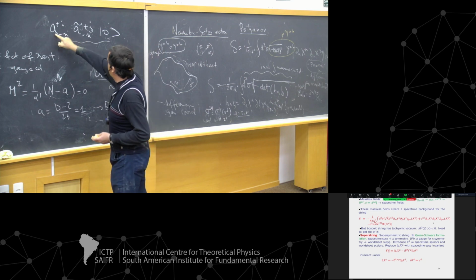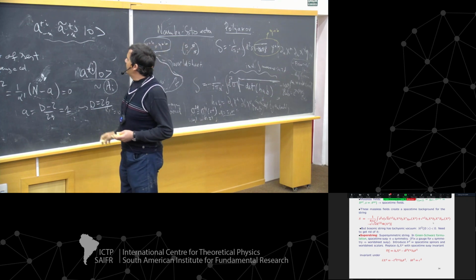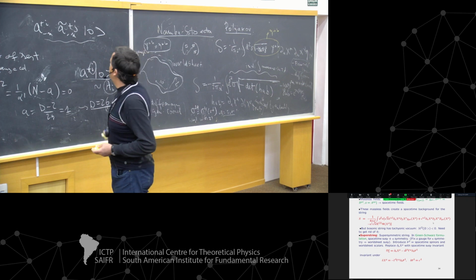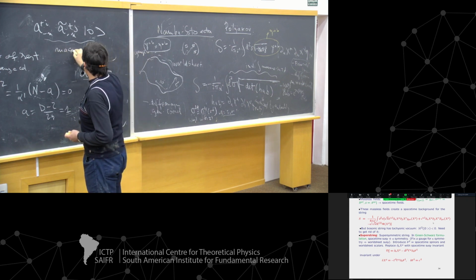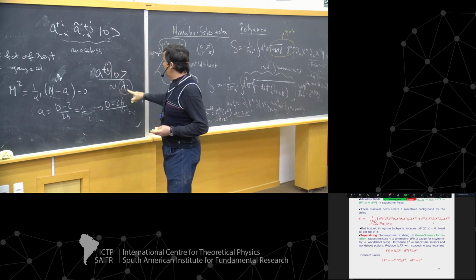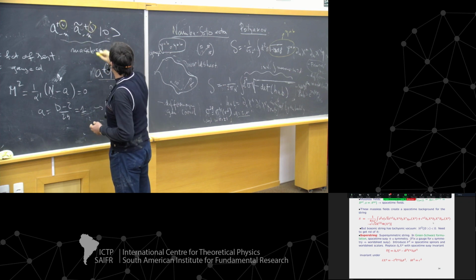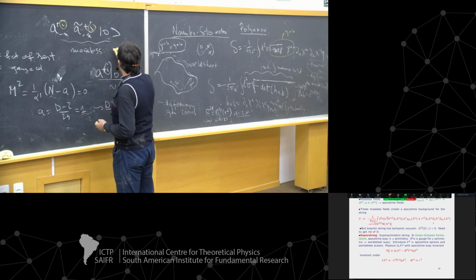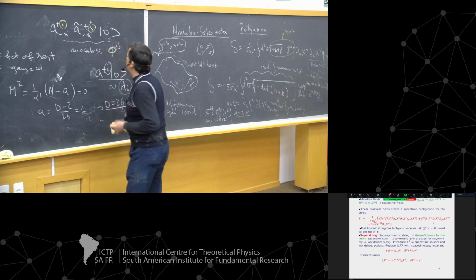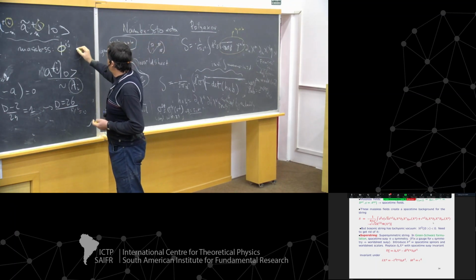We need the same number of A's and A tildes. And that means that for the massless fields, I will not have something with only one index, but something with two indices. So let me call them phi ij. Massless fields are things that have two indices.